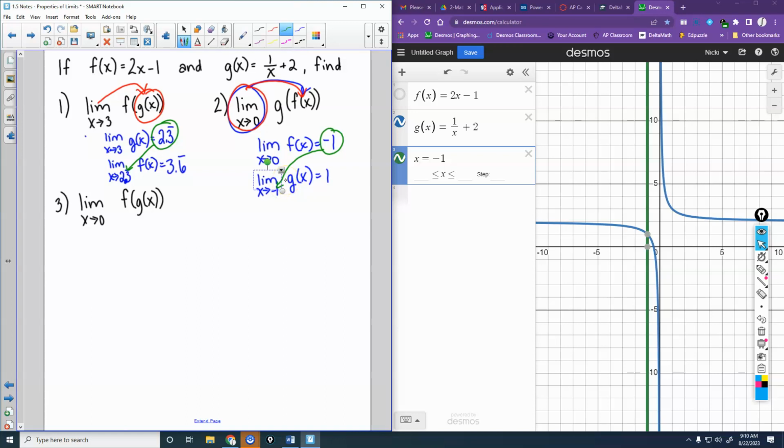Does that make sense? Okay, now sometimes you run into trouble with this on problems like number 3. Because if I'm doing x approaches 0 of g of x, what is the first thing I have to do? That limit as x approaches 0 of, I'm sorry, g of x. Okay, what is our limit as x approaches 0 of g of x?